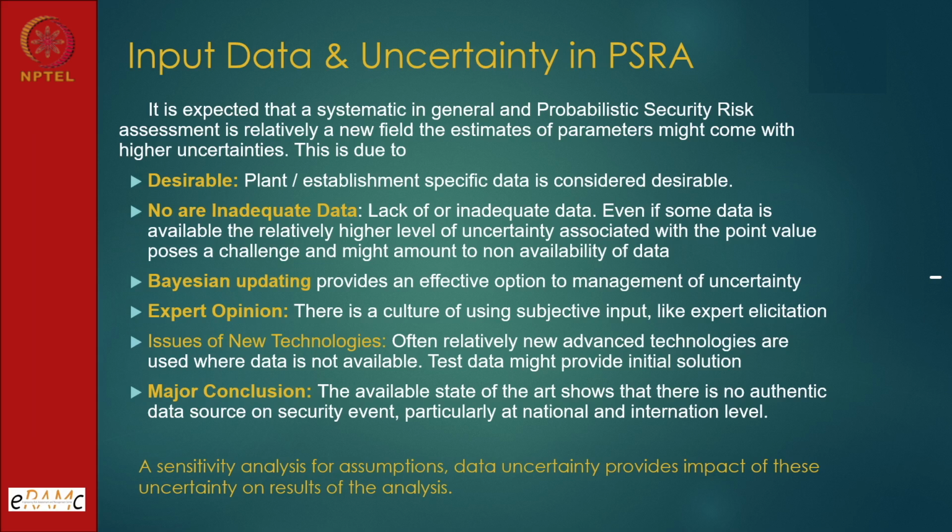Many times it might happen that the sensitivity is very low and the final results are not getting affected, so we can ignore it. Or we can see which are the most sensitive items, where the impact is very high, and we can work on those three, four, five limited items.